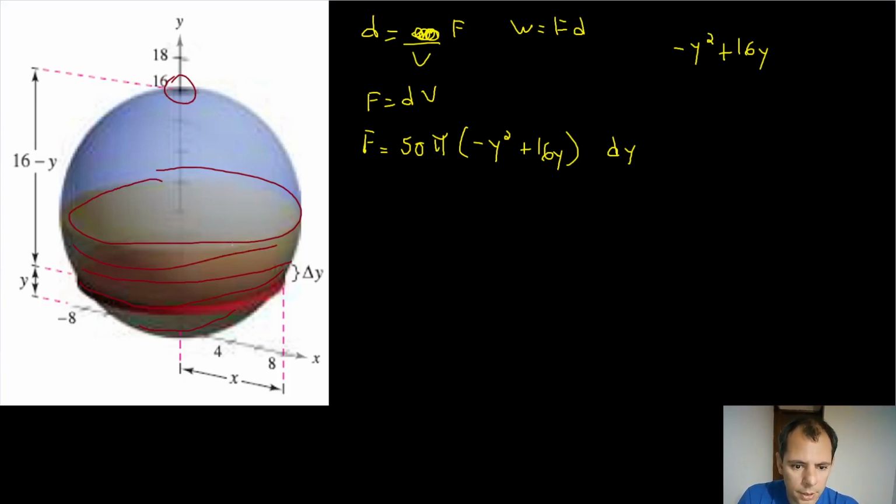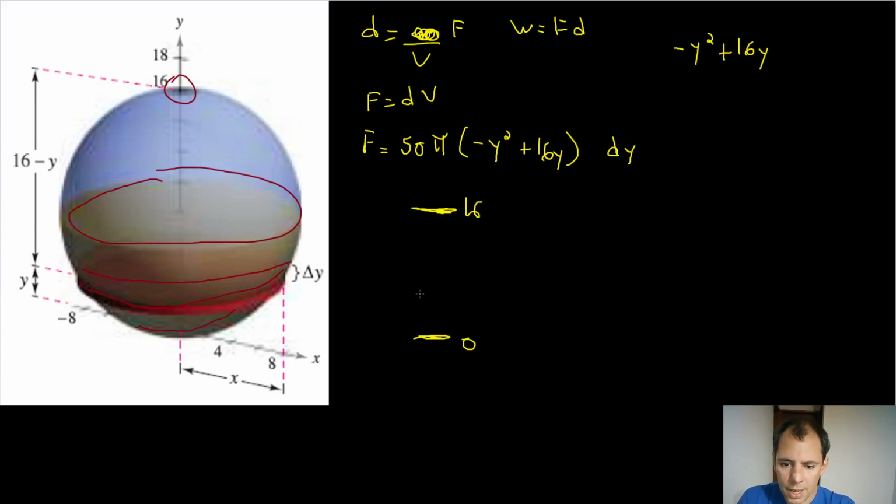This one right here is further from the top. So when, for example, this is the top of the tank, which is 16 in y, and this is the bottom of the tank, which is 0.